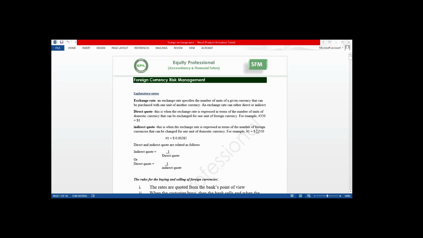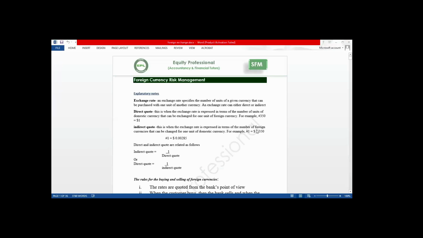Please, it is important to understand this explanation. You cannot address foreign currency questions without an understanding of the basic concept. I will take that again, direct quotation.